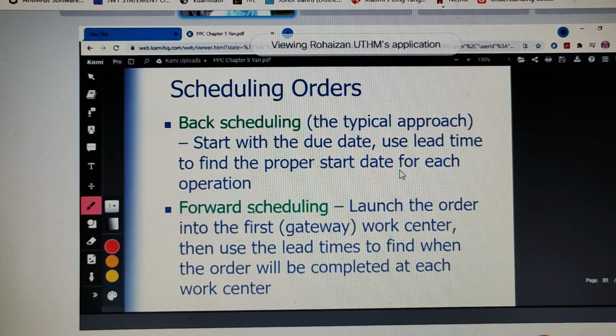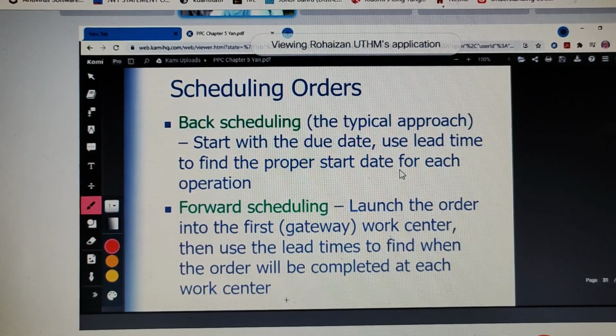That is forward scheduling. We launch the order into the first work center, then use the lead time to find when the order will be completed at each work center. So we start from the first.